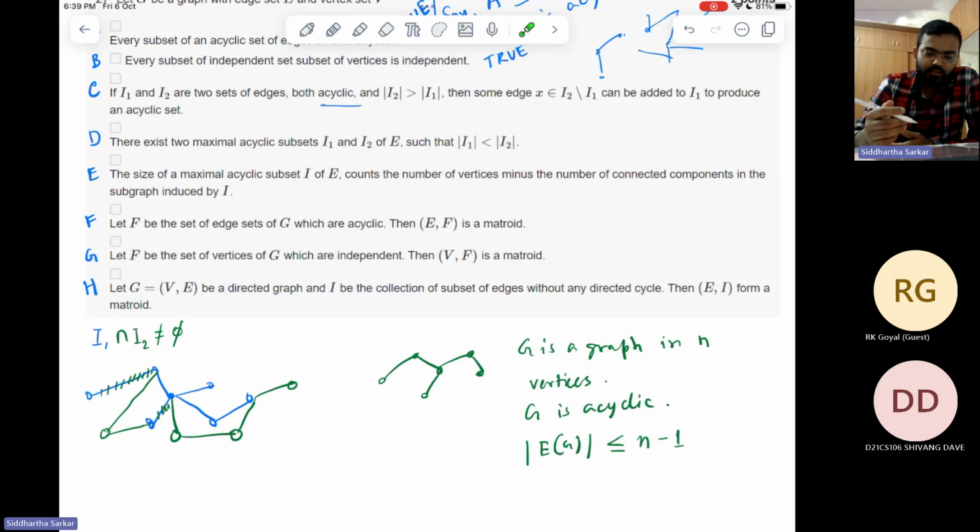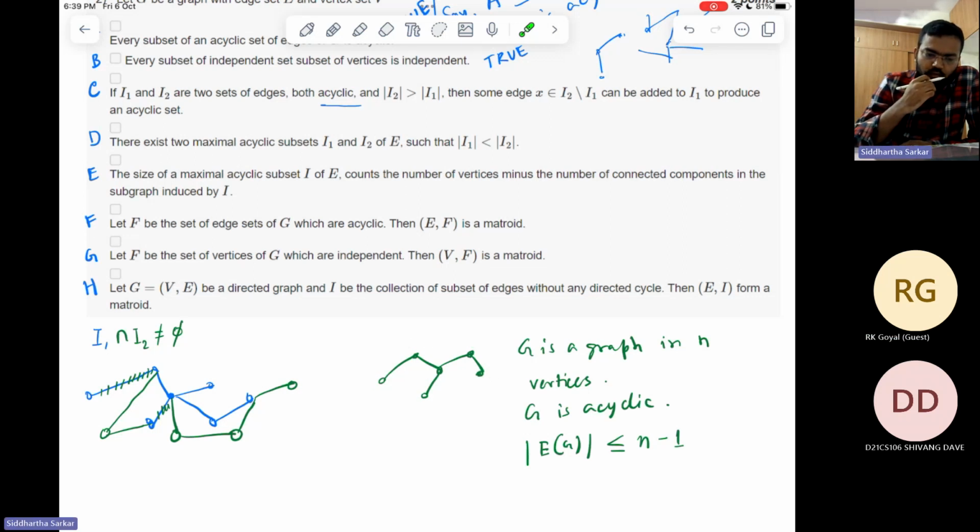For example, this is a connected tree with 6 vertices and 5 edges. There is no way you can add one more edge without creating a cycle, since it is one connected component.